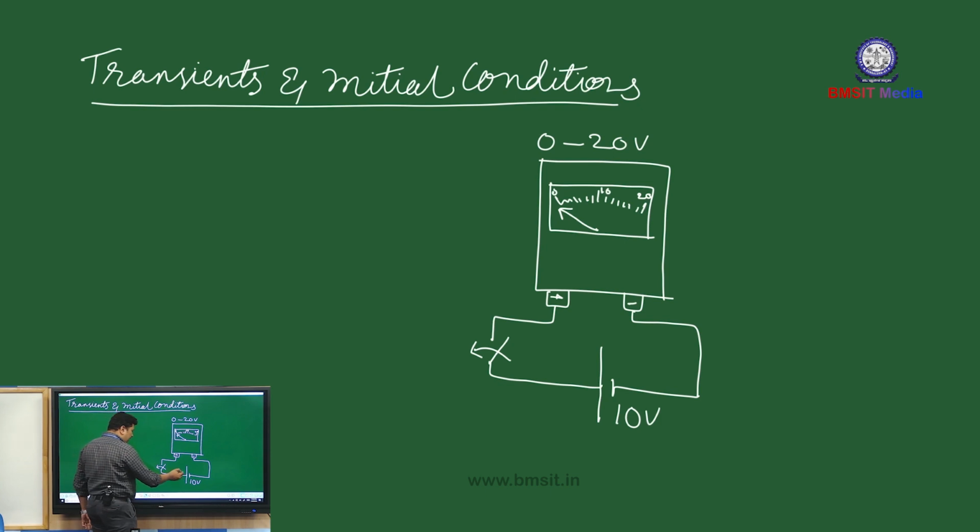Now the moment I close this switch, I always assume the time at which I close the switch is the 0 instant, the initial instant. Okay. So when I close the switch, t equals 0, this voltmeter will show the applied voltage by deflecting its pointer towards 10 volts.